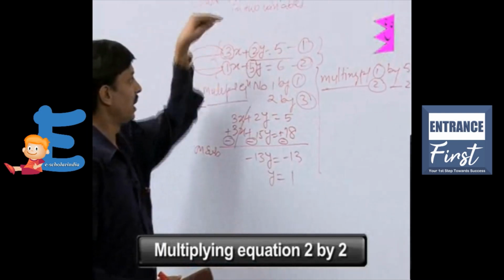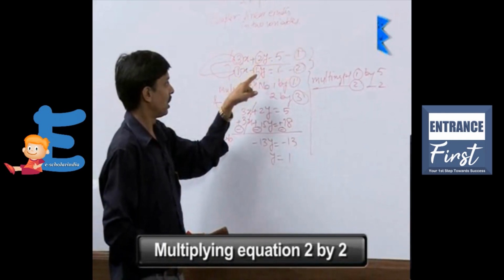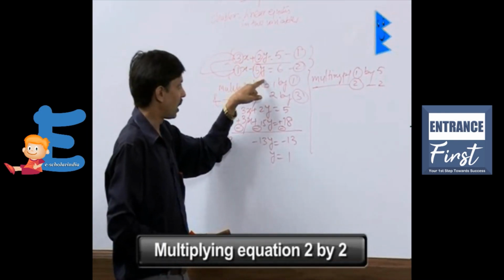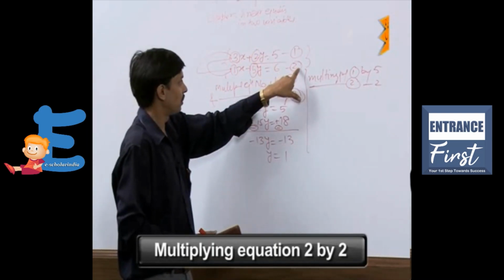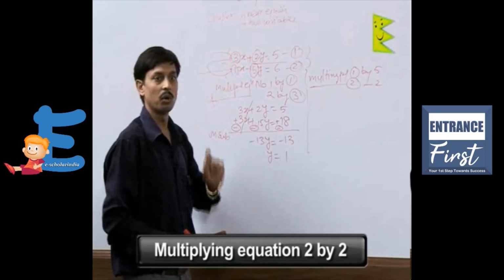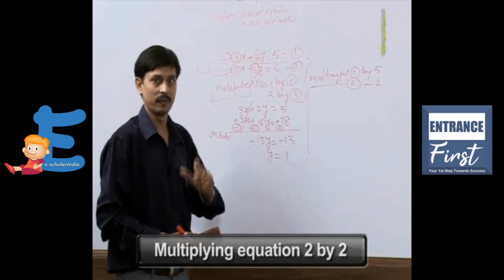I am multiplying equation number 1 by the coefficient of y in equation number 2, and equation number 2 by the coefficient of y in equation number 1.